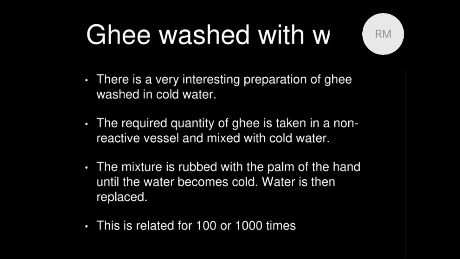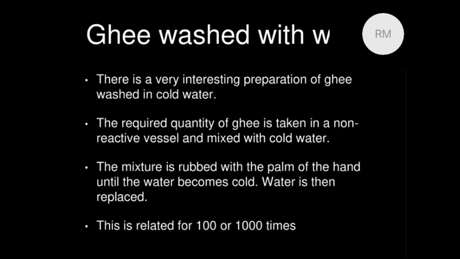Is this clear? Did you note the difference? It's very, very important, because by rubbing, the water will never become cold. It actually becomes warm. So you take the ghee and the water and keep rubbing with your palm, and after a while you can find that the water becomes warm.